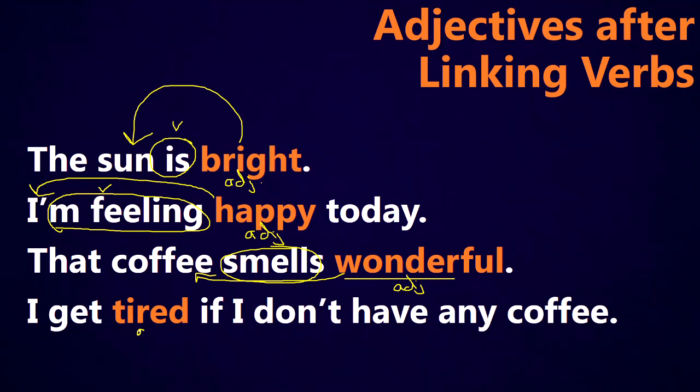So here tired is my adjective, and it's describing me through the linking verb get. So in each of these sentences, the verb is acting as a linking verb, linking the adjective after the verb with the subject before the verb to describe the subject. All of these sentences are descriptive sentences. They're describing the subject somehow.